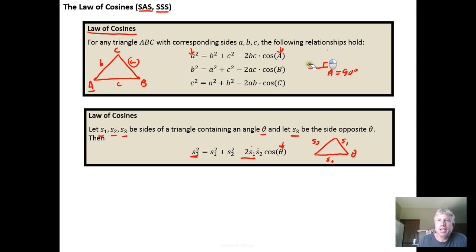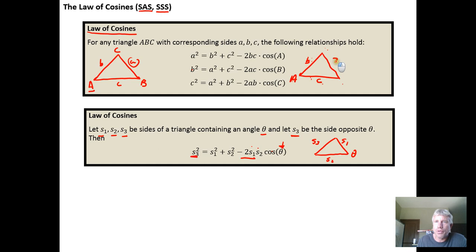The next thing we want to do is make sure we understand why this works for side-angle-side and side-side-side. In the case of side-angle-side, for example, let's say I know angle A, and I know the two sides adjacent to A, so this would be little c, little b. Let's suppose I know little b, little c, I know these two sides, and I know the included angle: side, angle, side.